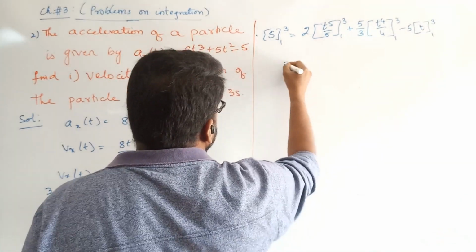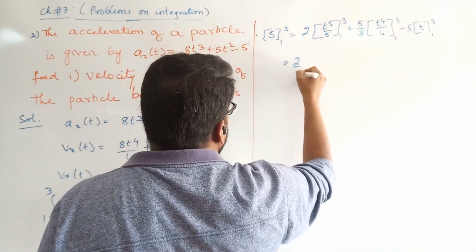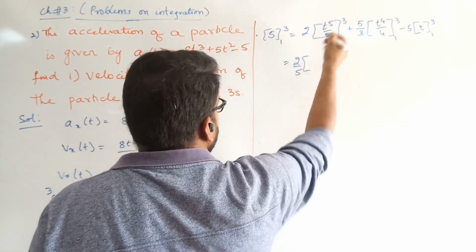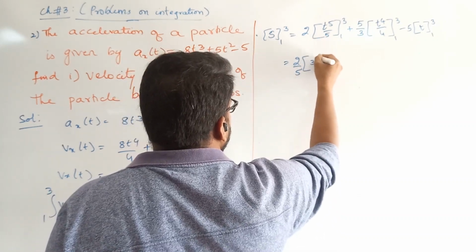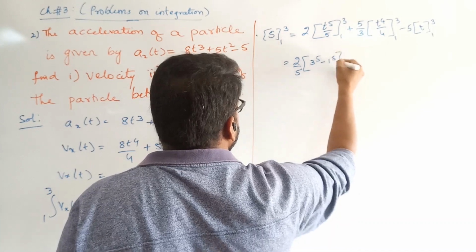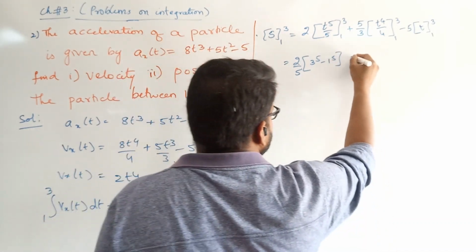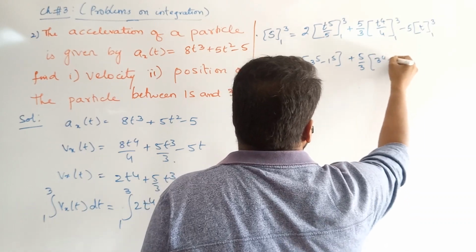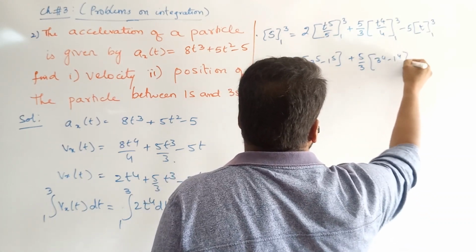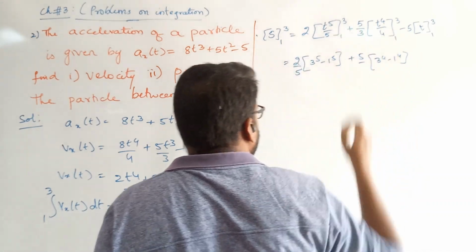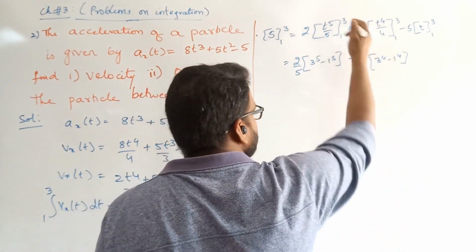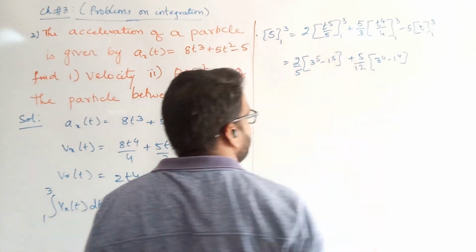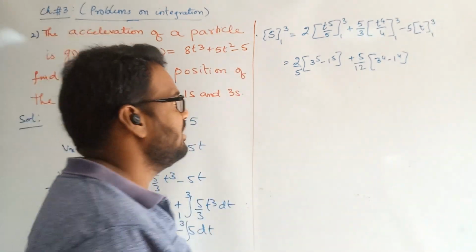Solve this further. 2 by 5 times of 3^5 minus 1^5, plus 5 by 3 times of 3^4 minus 1^4, and the 4 coming out of this becomes 5 by 12, right?